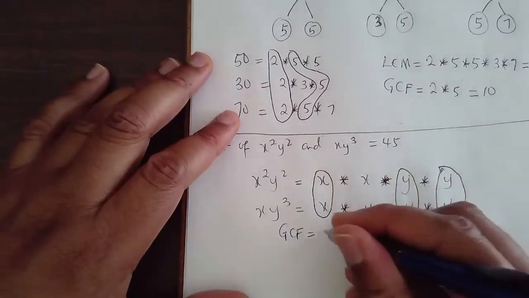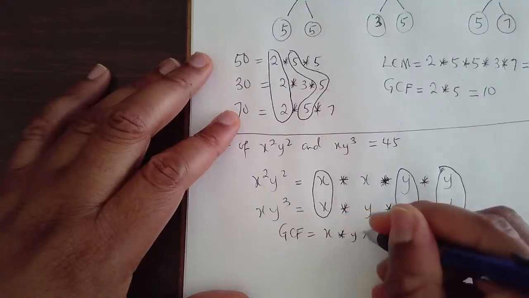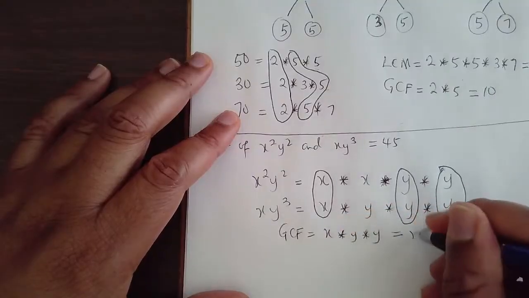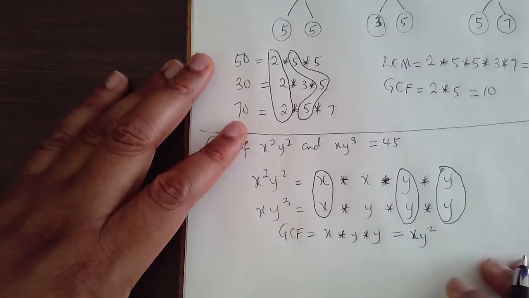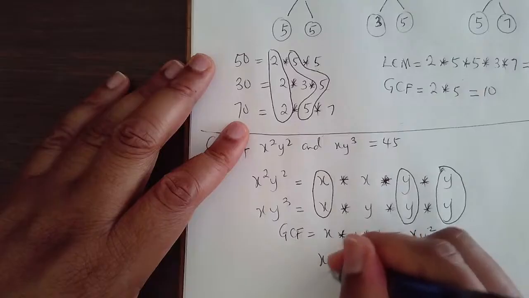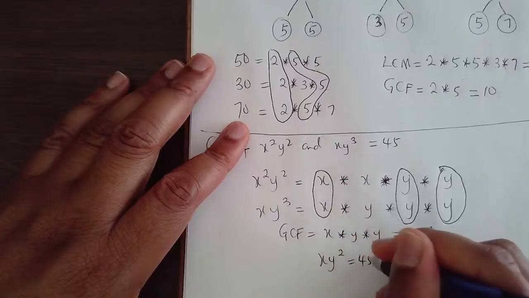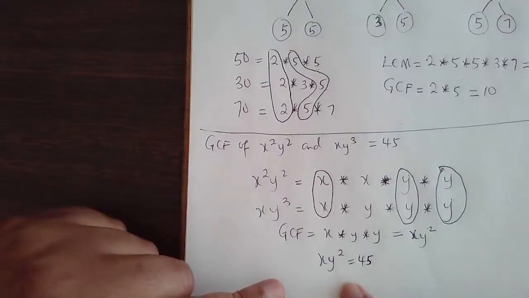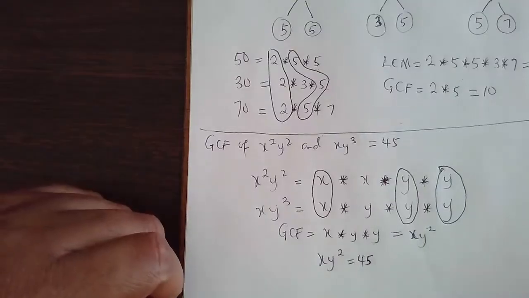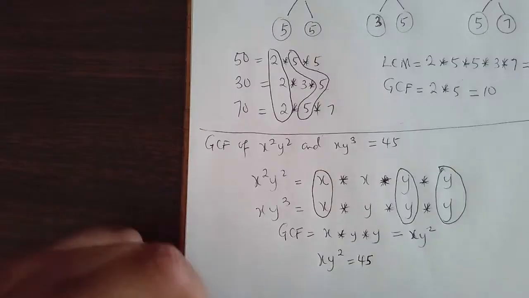This is x times y times y, and that is xy squared. So this means that xy squared is 45. And the question is, what could y be?